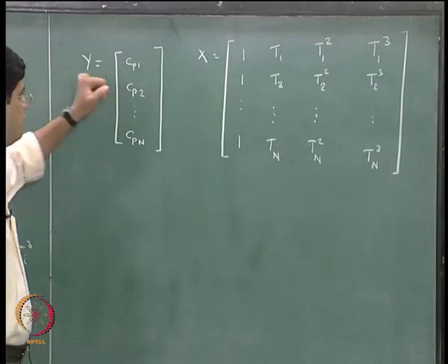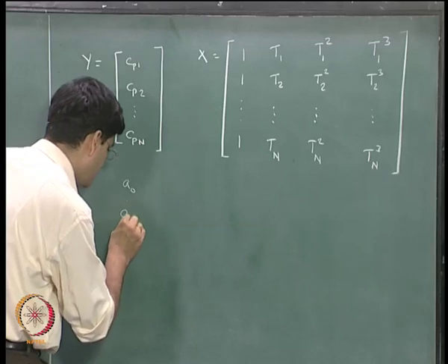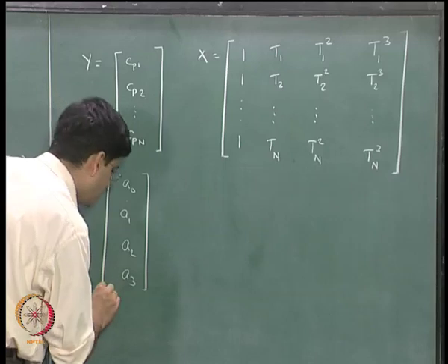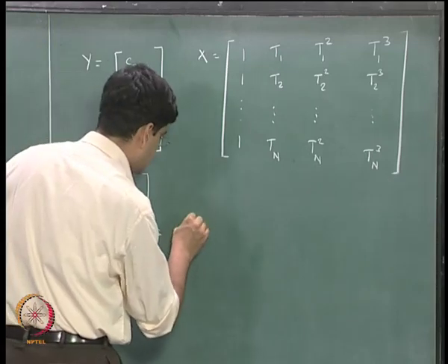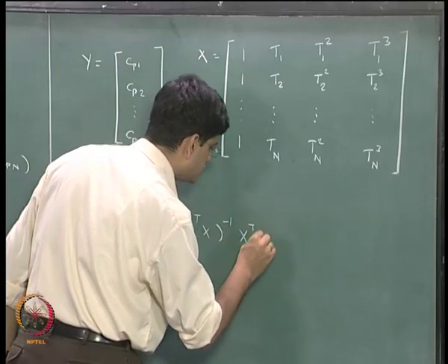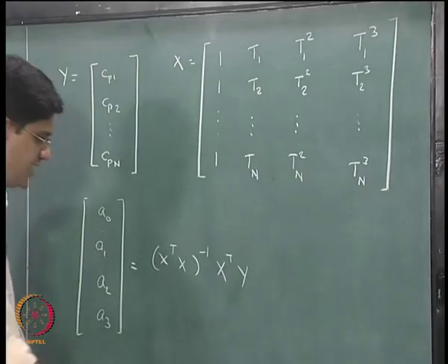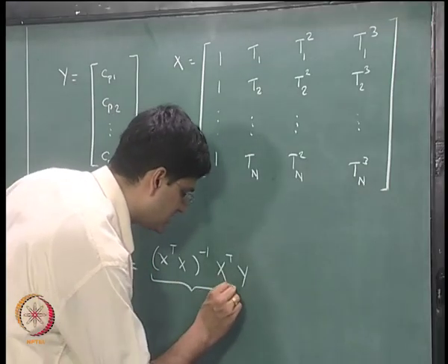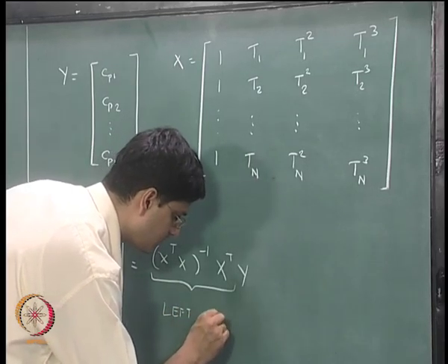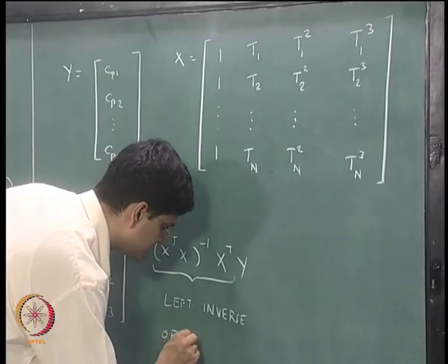So this is going to be our Y, this is going to be our X, and our a0, a1, a2 and a3 are going to be nothing but X transpose X inverse multiplied by X transpose multiplied by Y. This particular term X transpose X inverse X transpose is known as the left inverse of matrix X.